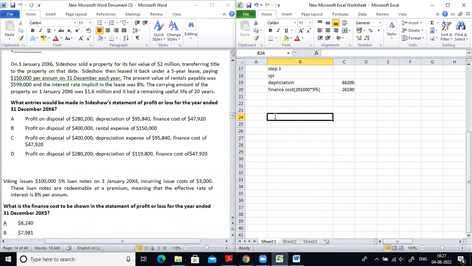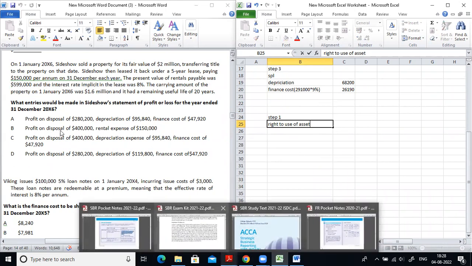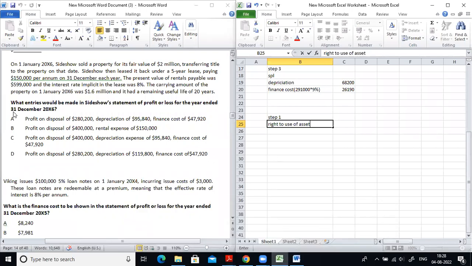We'll discuss in steps. First, step 1, we should compute right to use of asset. So how will this right to use of asset be computed? As per the question, they gave the present value of the lease liability as 5,99,000. And here the statement says that we need to compute the right to use of asset only for the retained part.